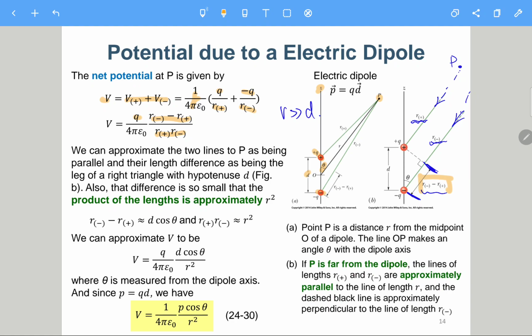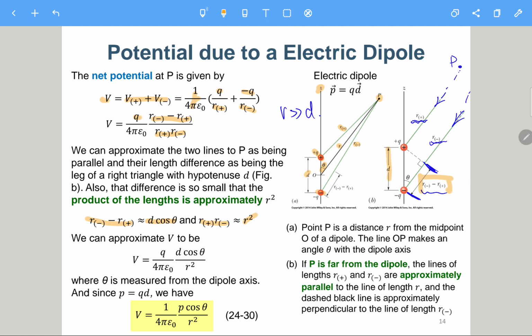So now we approximate R plus times R minus to be R squared, because R plus is R. R is here, R plus is here, R minus is here. If R is much larger than D, this R squared will be approximately R plus times R minus. And R minus R plus is D cosine theta.